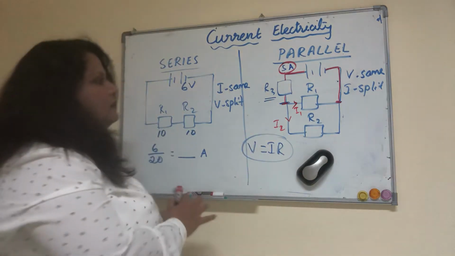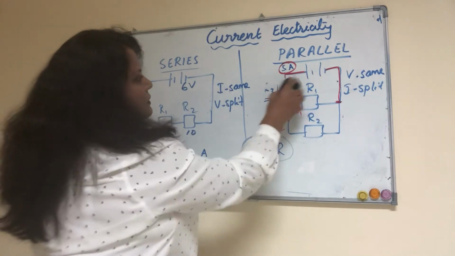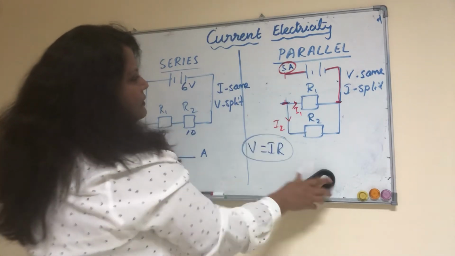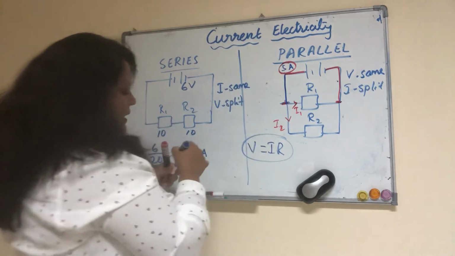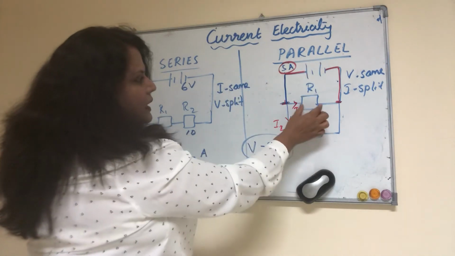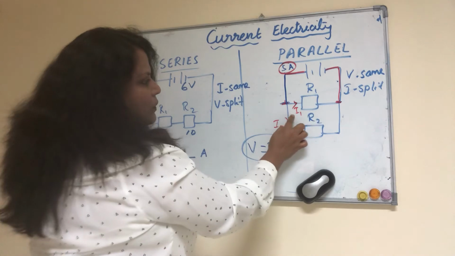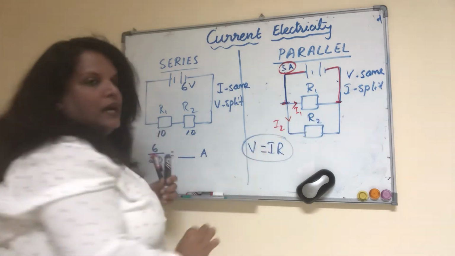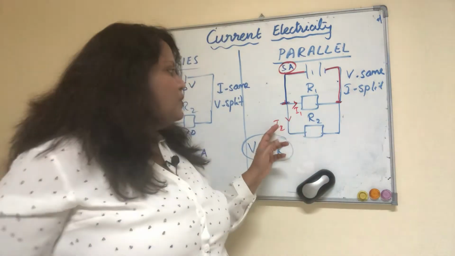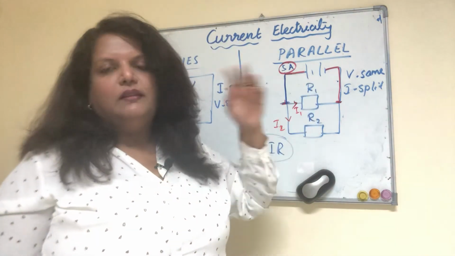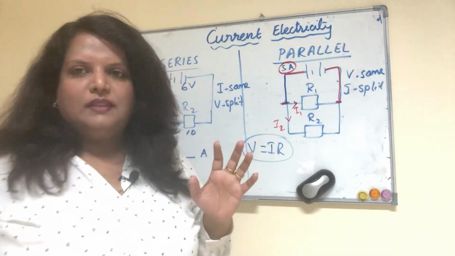Assume this wasn't there, so V will be the same here, and V over R1 will give you I1, V over R2 will give you I2. If you want to check your calculation, I1 and I2 should add up to the current supplied by the battery. Clear?